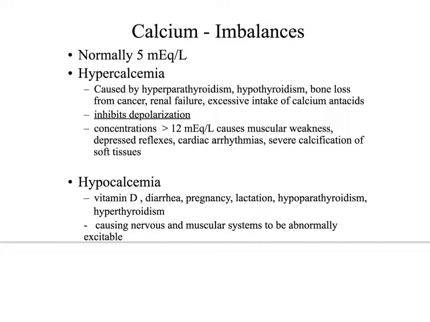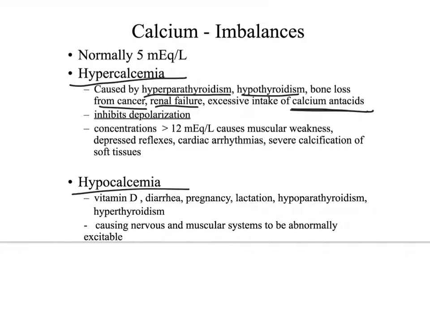Okay, so imbalances. So hypercalcemia and hypocalcemia. Okay, so hypercalcemia can be caused by hyperparathyroidism or hypothyroidism. It also could be caused if you have cancer and your bone is breaking down, or you have renal failure and you're not getting the calcium out in your urine, or you eat a ton of something like Tums, which has got a whole bunch of calcium in it.